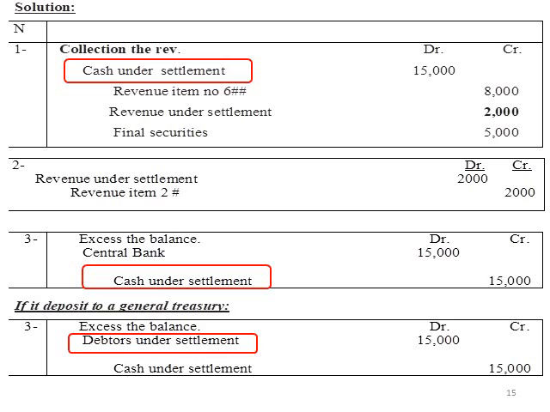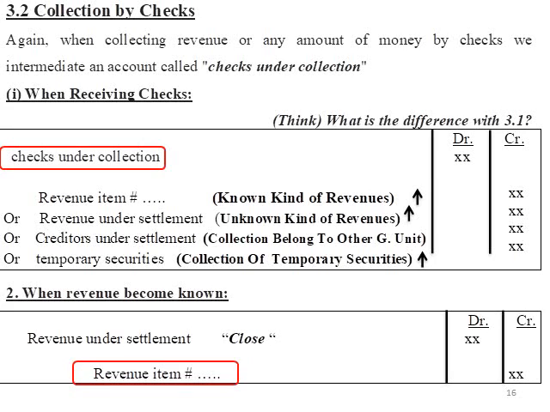Why? Revenue item as known, revenue under settlement as unknown, temporary security. Where is the last one? We call it creditors under settlement, we will never record it in this case. Why? Because of settlement. Collection by checks, same thing.